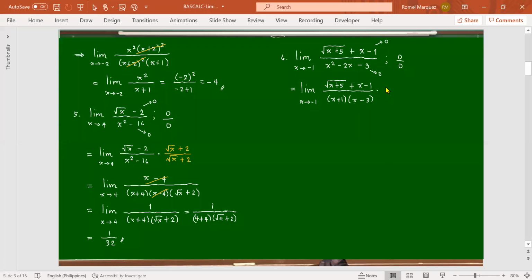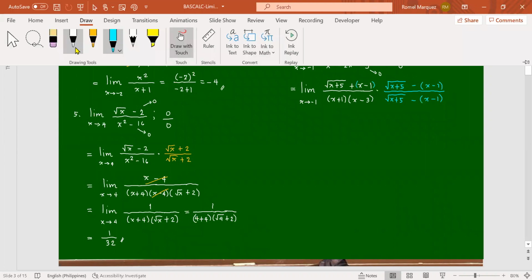Square root of x plus 5 minus x minus 1. Okay, all over. You have to enclose it, which means this is inclusion. It's like its partner, no? Yan. Square root of x plus 5 minus of x minus 1.